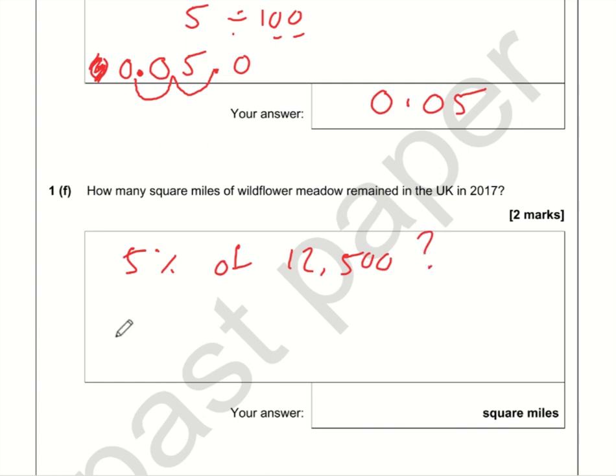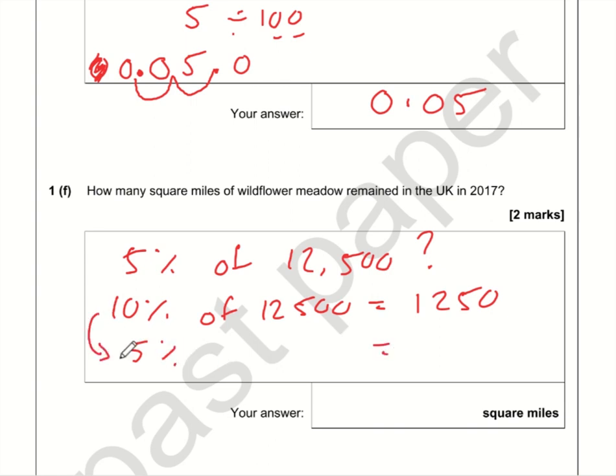That is the question. So let's work out 10%. 10% of 12,500, that's nice and easy, that is 1250. 10% is a tenth, so divide this by 10, chop off a 0. If 10% is this amount, then 5% is going to be half of that amount, because 5% is half of 10.